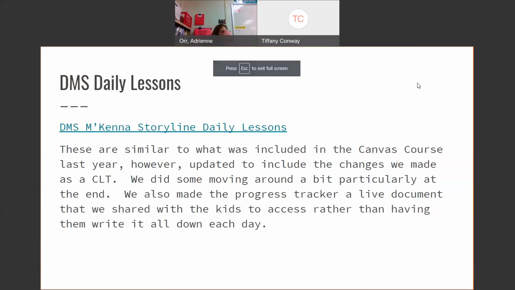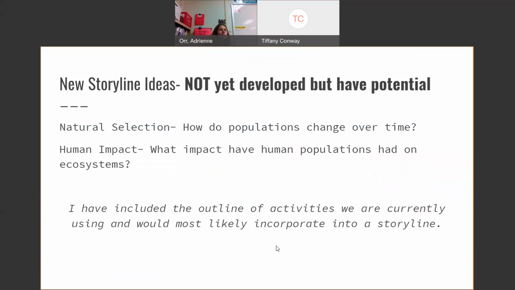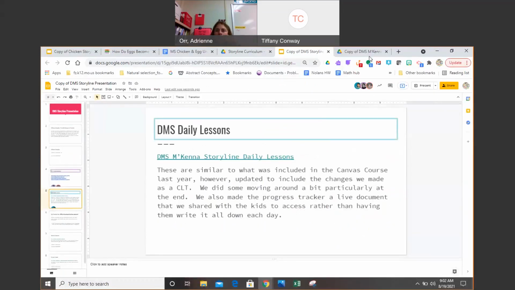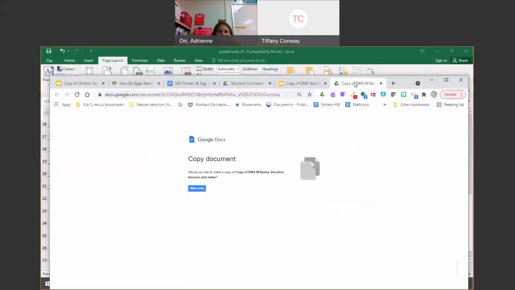So like I said, it just goes through day by day how we did it, and it's set up similar to what was in the Canvas course. You can scroll down and see it's not just that one page. Adrian, did you pull up the forced copy document? Just pull it up real quick, because I want to make sure you guys can see it all.